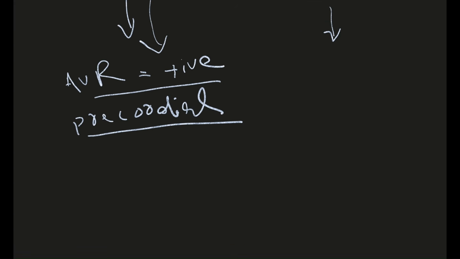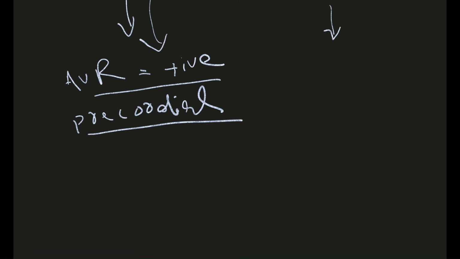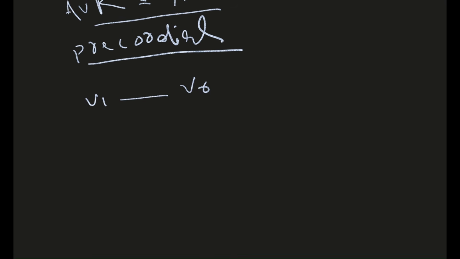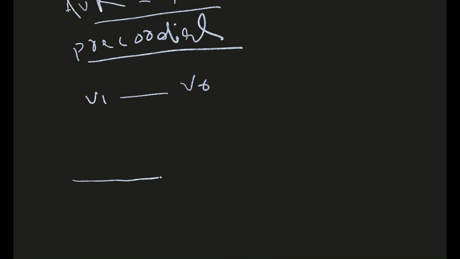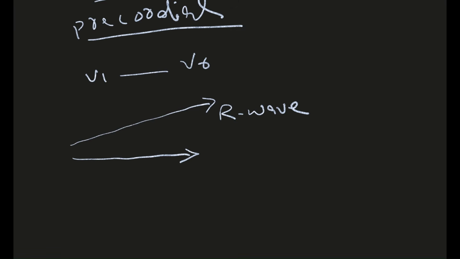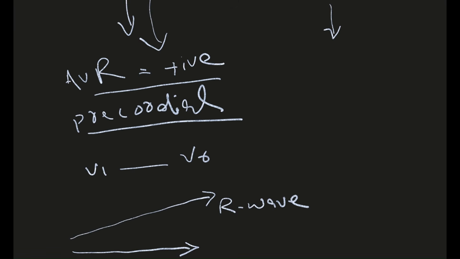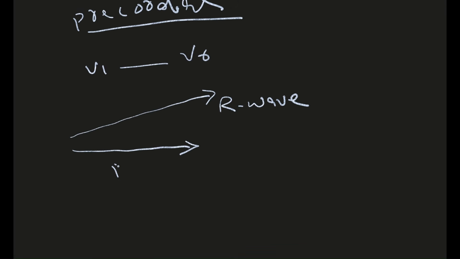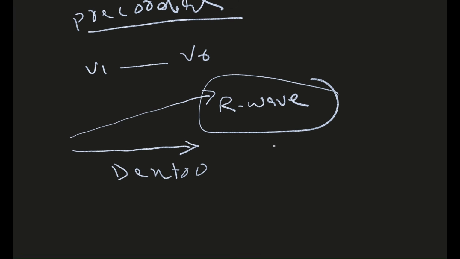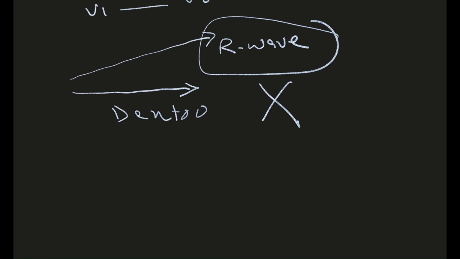In precordial leads, V1 to V6, I told you there is a normal isoelectric line and there is a progression of R wave. If a patient is having dextrocardia, this R wave progression will be lost.